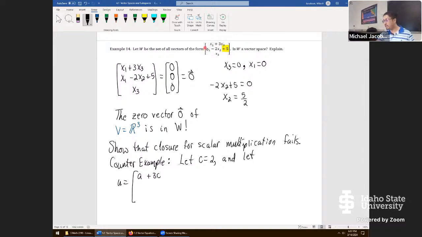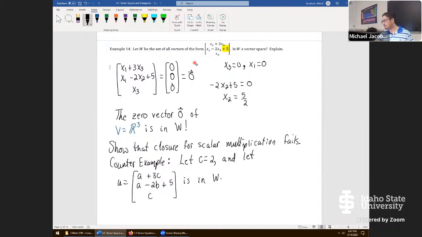Down below, x1 is an A, minus x2 is going to be the B, so minus 2B plus 5. And I'll think of x3 as the C again. So that U is in W. It has the same kind of format. Even if we change the lettering, that's okay. It just has to match up with this.